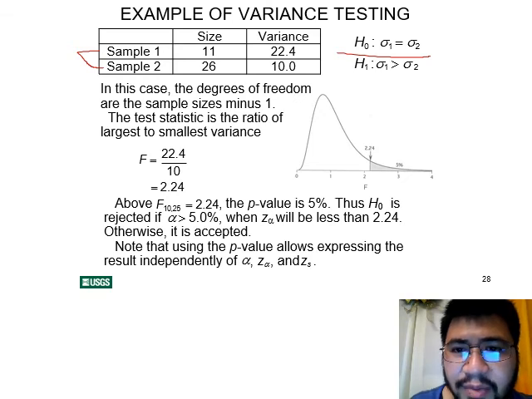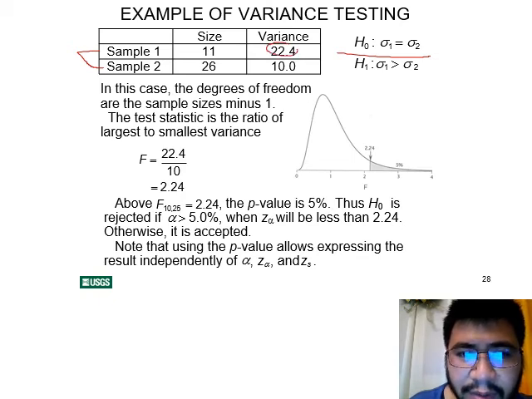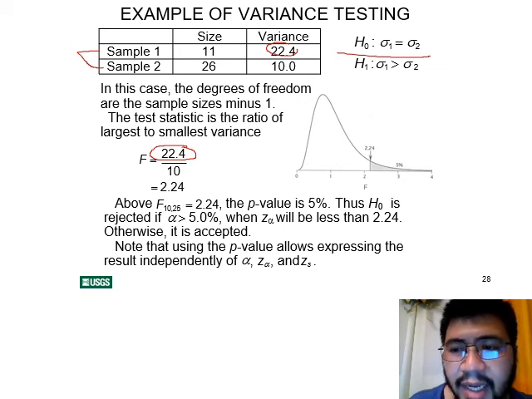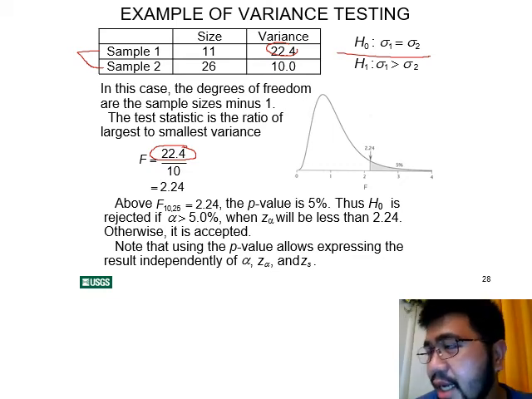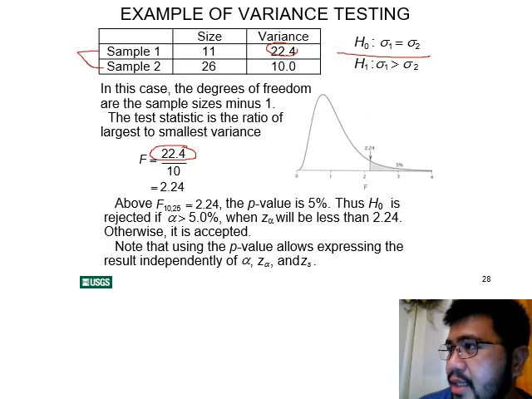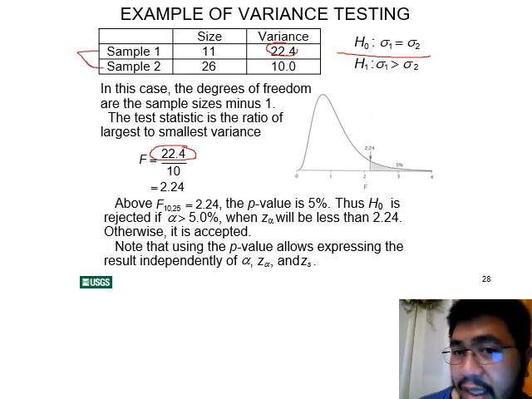So what we do is we just take the largest variance. So this is the largest one from sample 1. Sorry. I think I discussed previously that the F statistic is calculated by dividing standard deviation by other standard deviation.